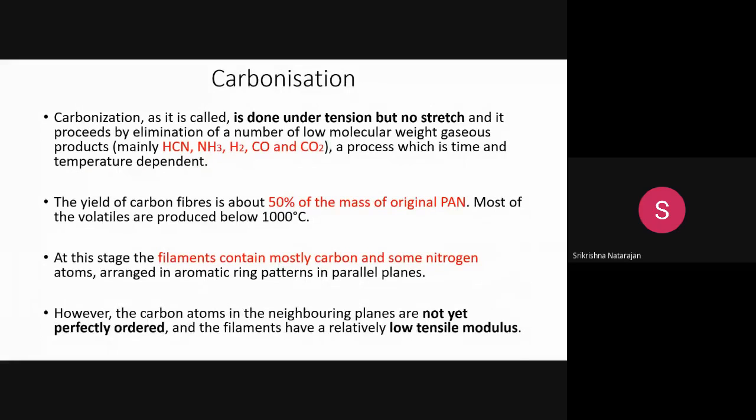Here, what you do is you heat it to further high temperature, around say 1000 degrees centigrade, and in this process also some low molecular weight gaseous products like hydrogen cyanide, ammonia, hydrogen, carbon monoxide, carbon dioxide, all these low molecular weight compounds are removed from the PAN fibers, which have already undergone oxidative stabilization, so that you will get around 50% yield of the carbon fibers in this stage itself.